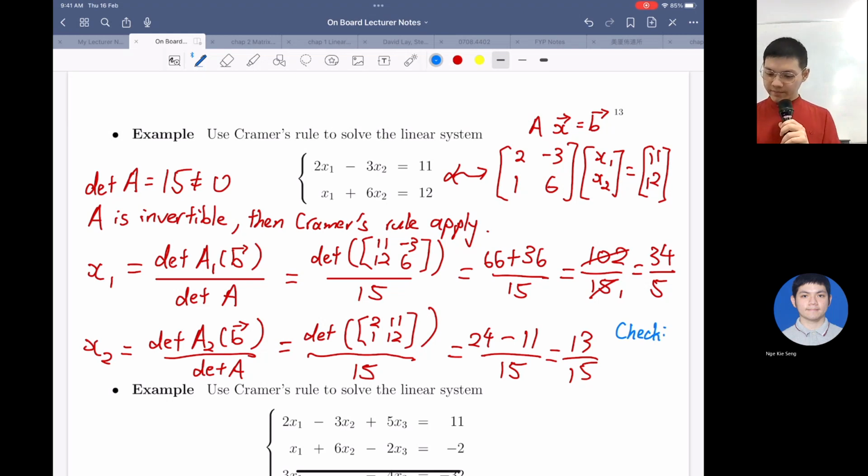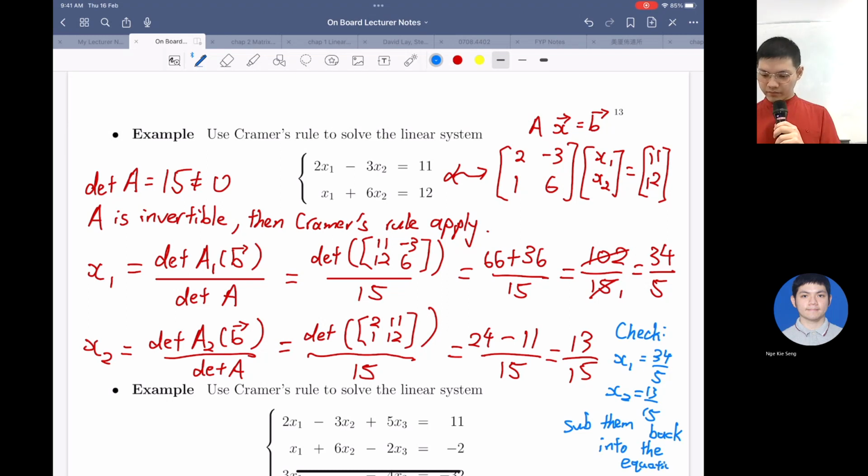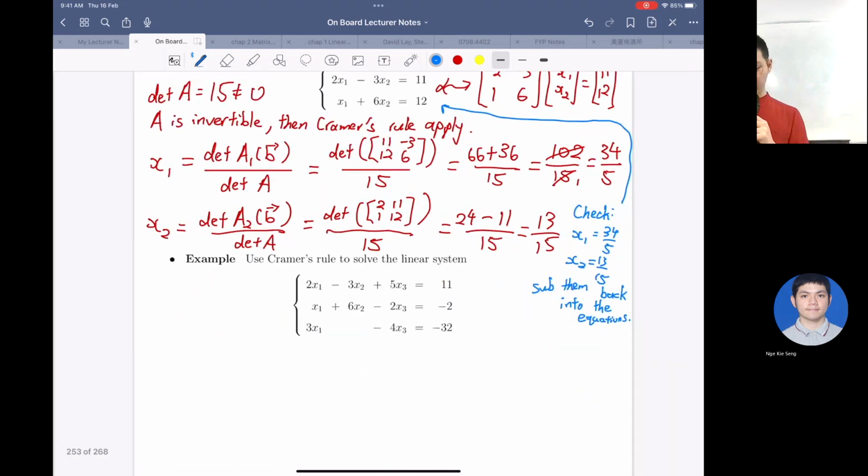So you sub these x1, x2 back into the equation, and then check whether you get 11 or 12. Try to make a habit of doing it.